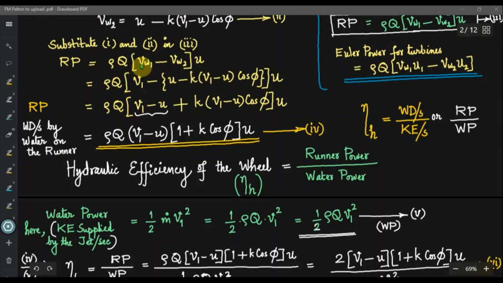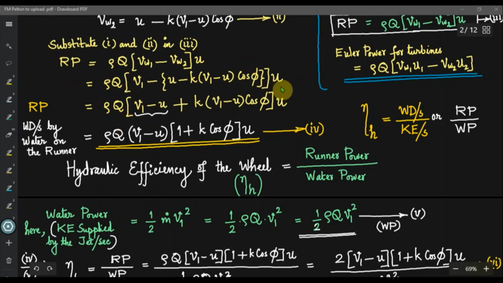So substitute for Vw1 and Vw2. So rho Q, that is the mass flux, multiplied by, instead of Vw1 that is equal to V1, then minus Vw2, this long expression. But remember that is purely in terms of the input values V1, u, k and vane angle at outlet phi. So V1 minus, now instead of Vw2 within bracket, u minus k into (V1 minus u) into cos phi, then the whole thing multiplied by u.